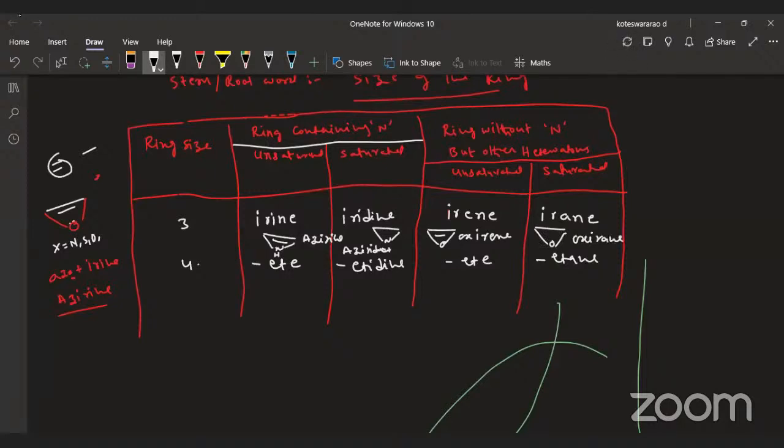Right. In the case of 4-membered ring, if nitrogen is unsaturated, if 2 double bonds are there, azete. If it is fully saturated, azetidine.